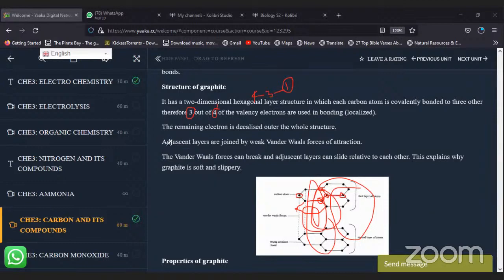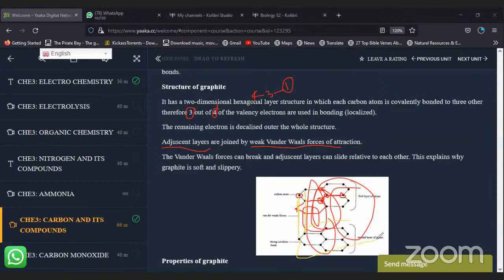The other thing about the structure is that the adjacent layers are joined by weak van der Waals forces of attraction. The weak van der Waals forces of attraction, let me change colors here, are these. So these are layers being joined by the weak van der Waals forces of attraction, okay?